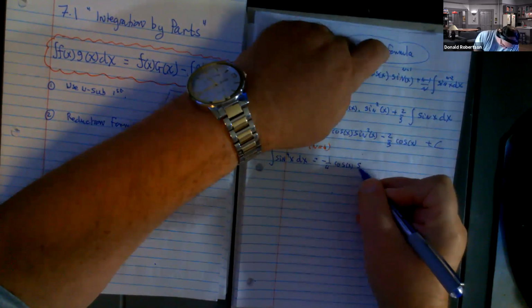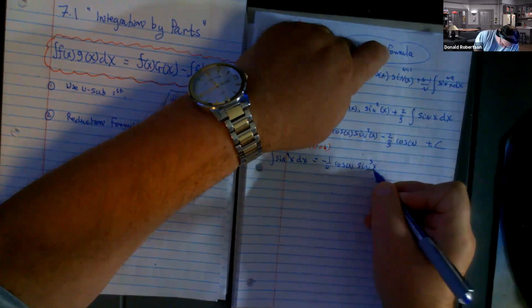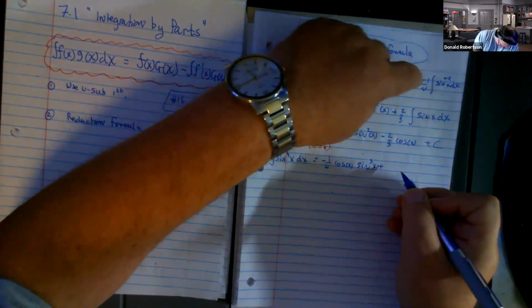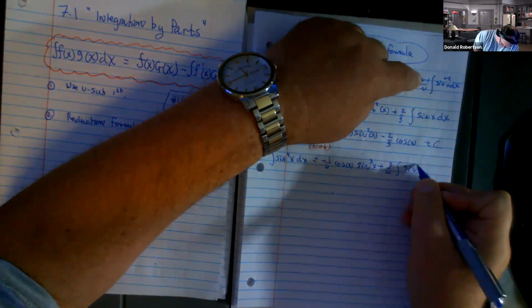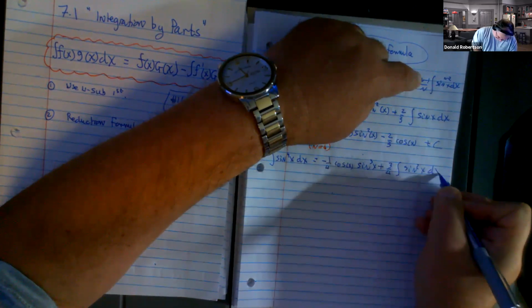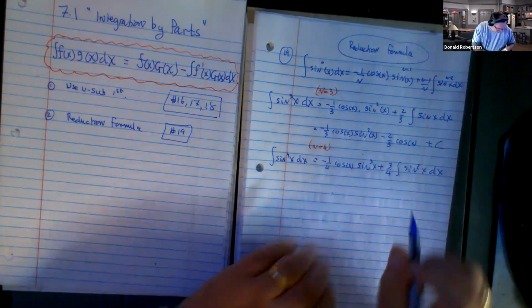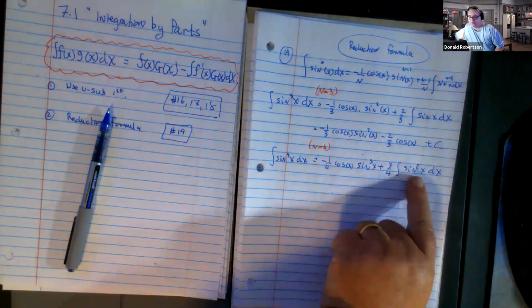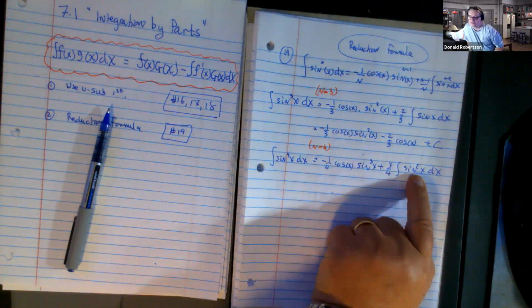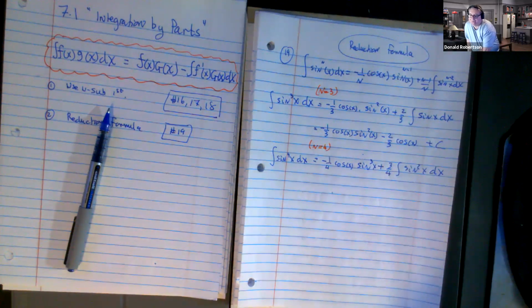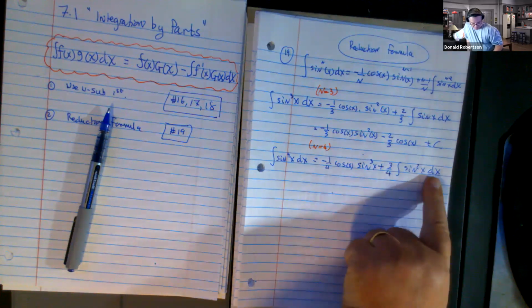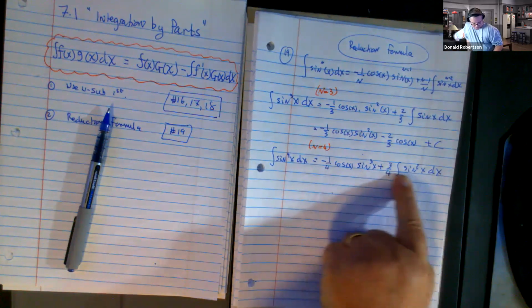So that's going to be sine cubed of x plus 3/4 the integral of sine squared x dx. Okay. How do you think we're going to get the answer to sine squared x, this piece? How do you think I'm going to get the integral of sine squared x?